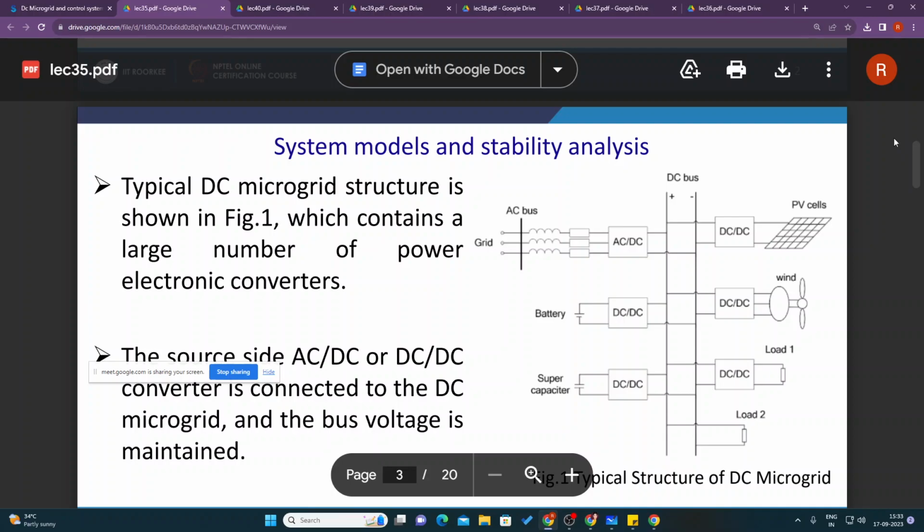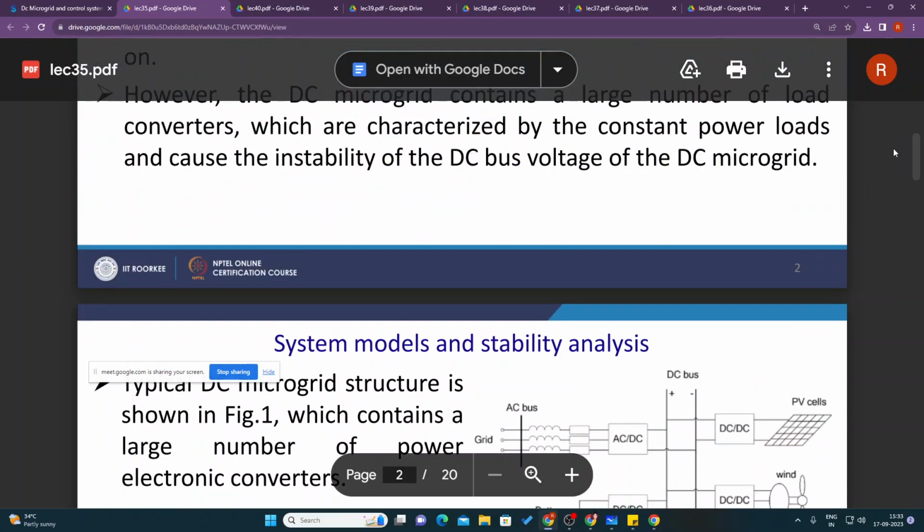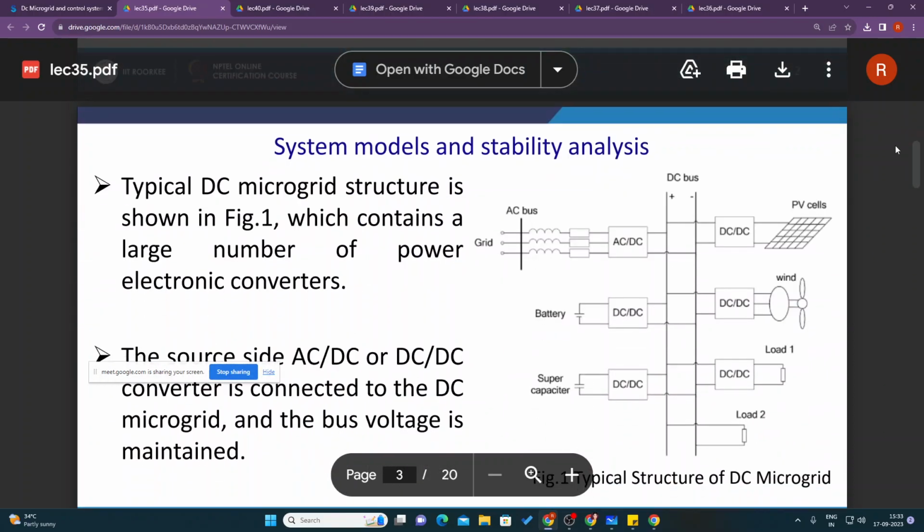Power electronic converters can be operated as constant power applications, but not all of them. They can be controlled in such a way that they will operate as constant power load.